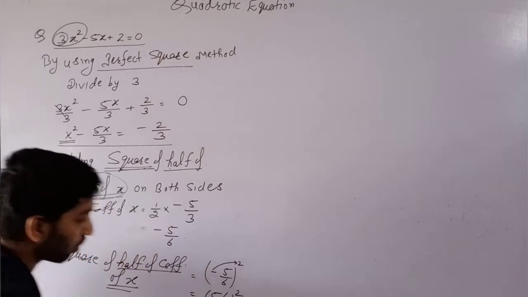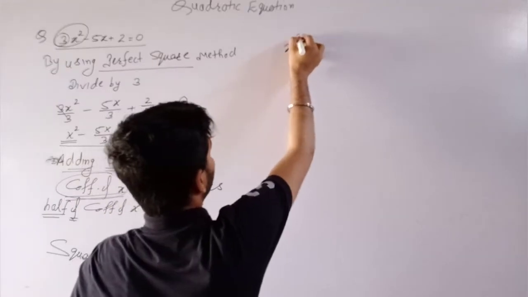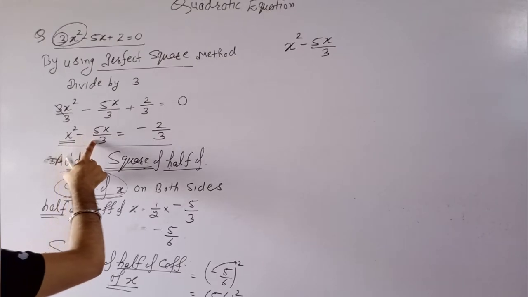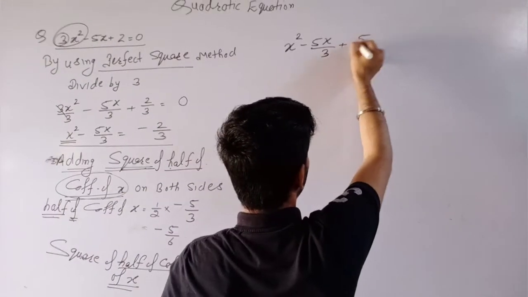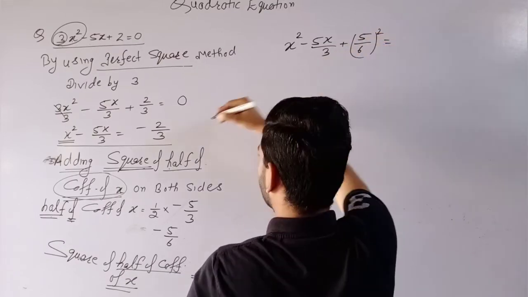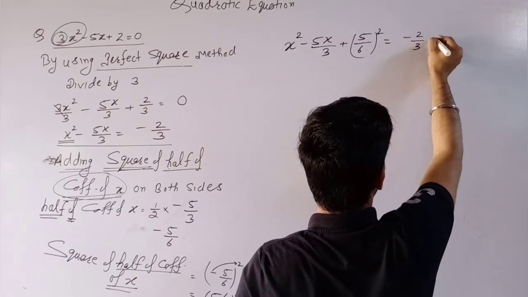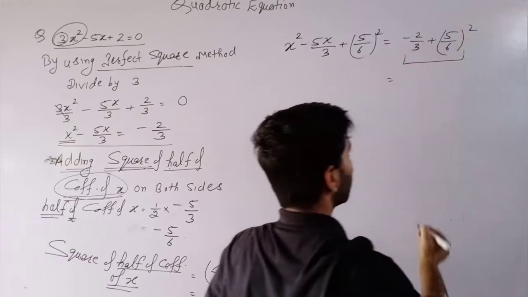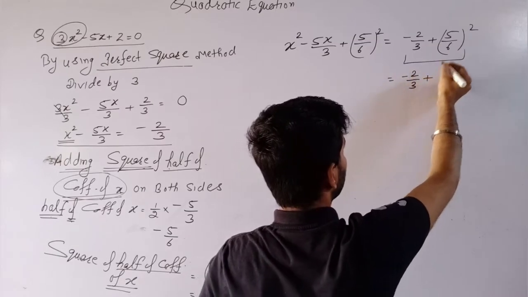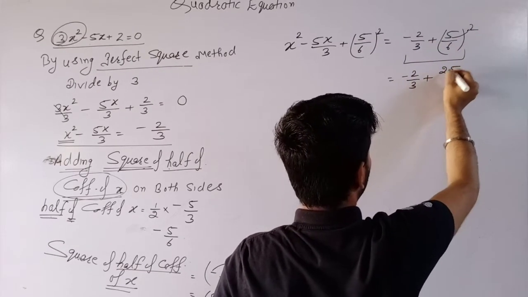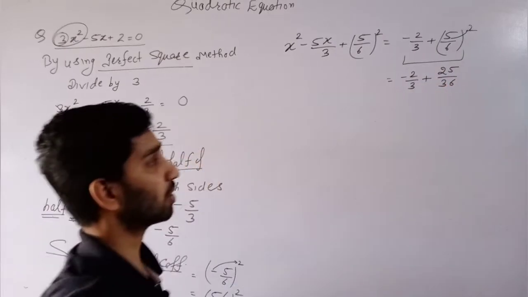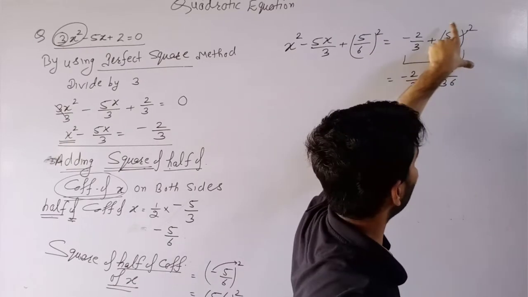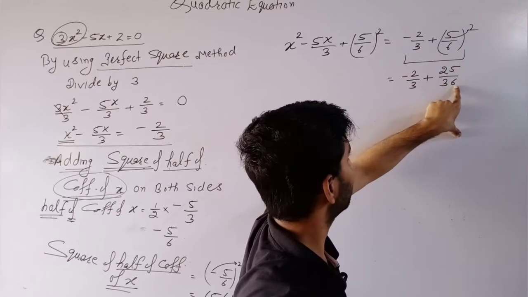Now adding on both sides: x square minus 5x by 3, add 5 by 6 whole square, and on the right side minus 2 by 3 add 5 by 6 whole square. On the right side we have two numbers, and we will solve them. Minus 2 by 3, square of 5 is 25 and square of 6 is 36, so minus 2 by 3 plus 25 by 36.